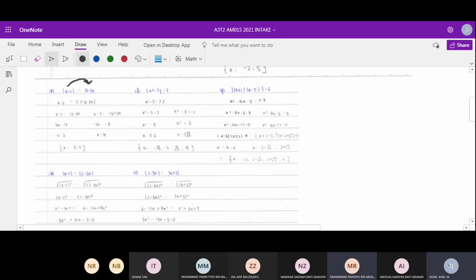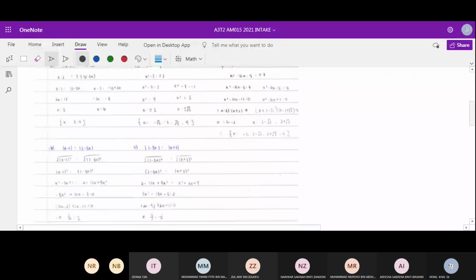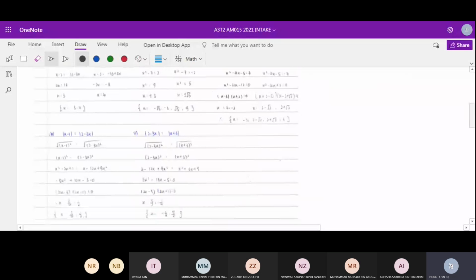Any other questions? I think question 1 is easy, not that difficult.